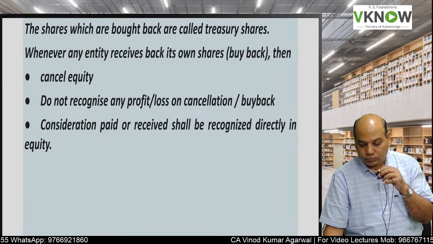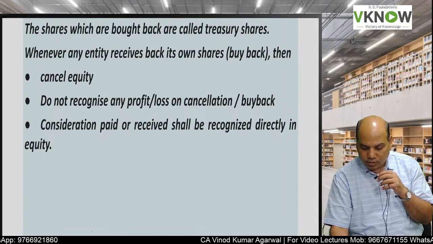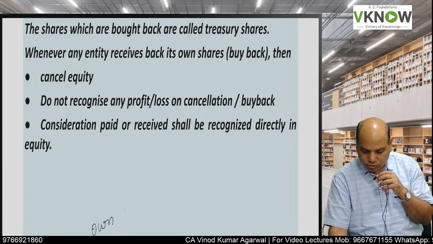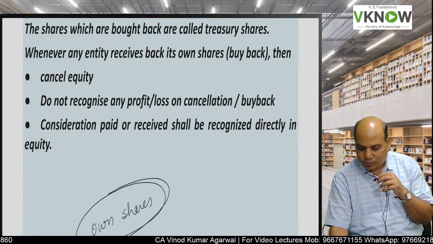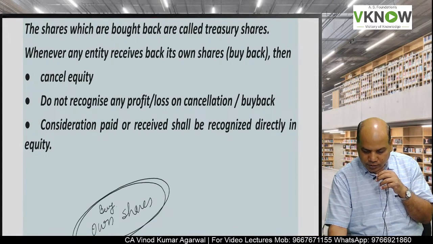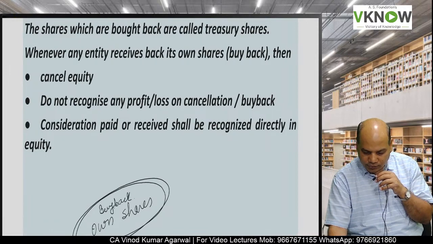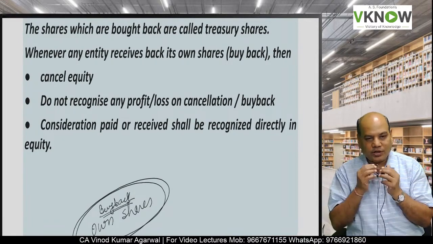Okay. Now next is treasury shares. What we call buyback of own shares. In India we call it more popularly buyback of own shares, but in foreign countries, when you buy back your own shares, they are called treasury shares.